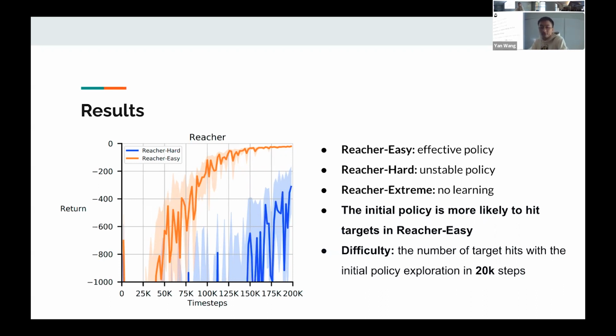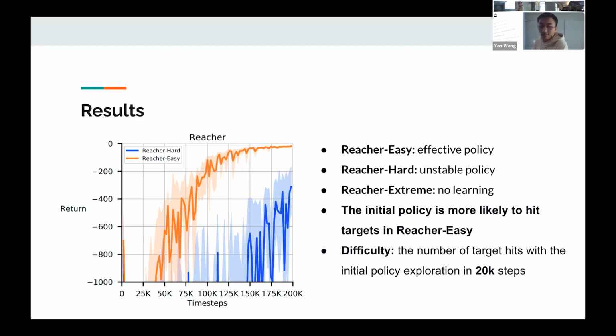Since the reacher extreme task is significantly harder than the reacher hard, we suspect that no learning will happen. As expected, SAC failed to learn an effective policy on reacher extreme. There were no successful episodes within the 200K steps. As a result, no meaningful learning curves could be plotted here.